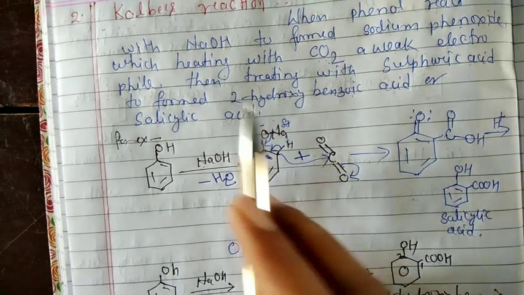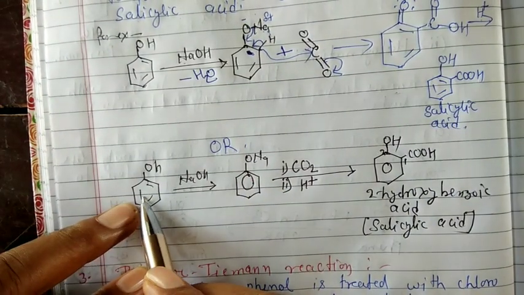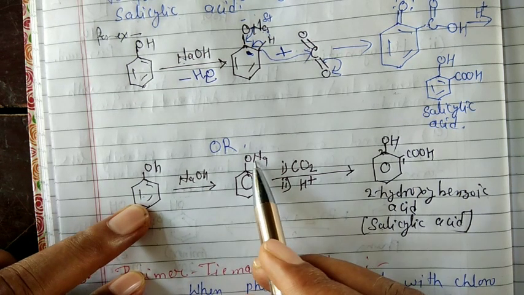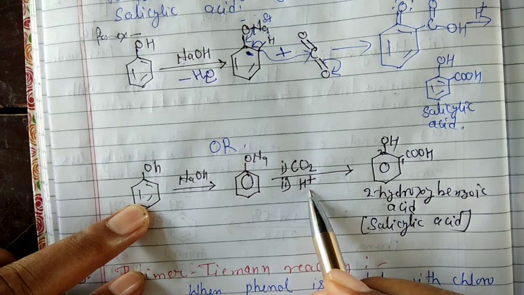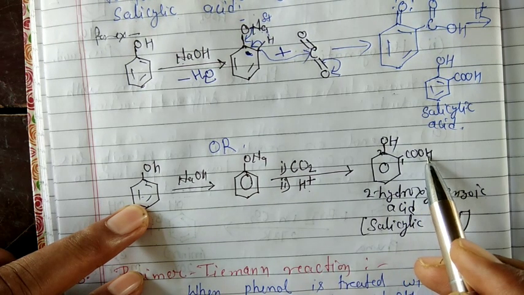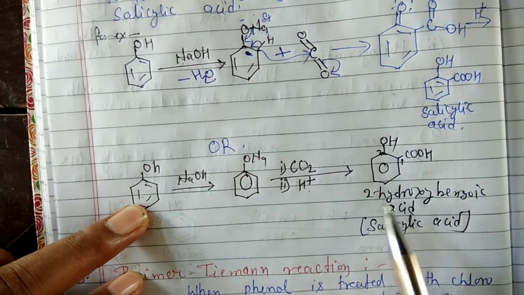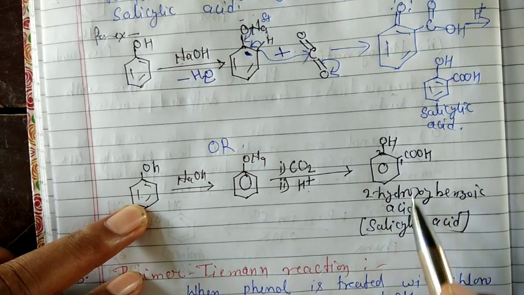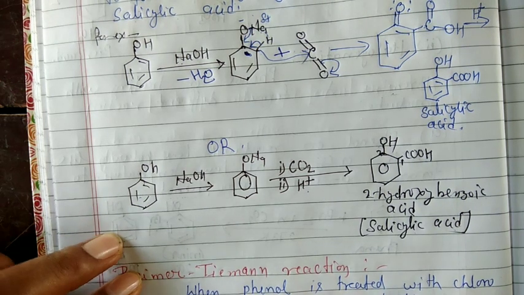This is the mechanism of Kolbe's reaction. You simply write this reaction: phenol reacts with sodium hydroxide to form sodium phenoxide, which is treated with carbon dioxide and acid. A COOH group is introduced at the ortho position and the name will be 2-hydroxybenzoic acid, common name salicylic acid.